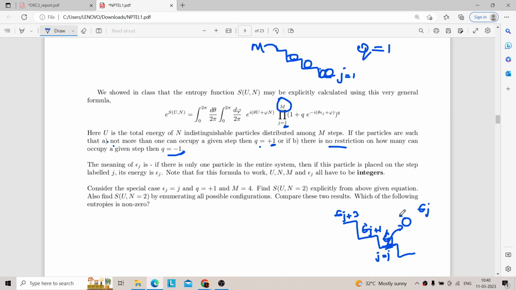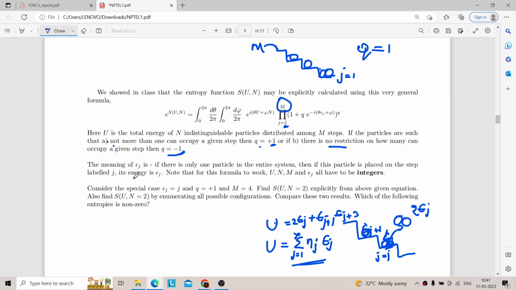If two particles are there in this stair, then the total energy will be 2 epsilon j. If two particles are there and one particle is here, the total energy will be 2 epsilon j plus epsilon j plus 1. That means the total energy we can write as the sum of the number of particles in the jth state times the energy of that jth state, going from 1 to the number of stairs.